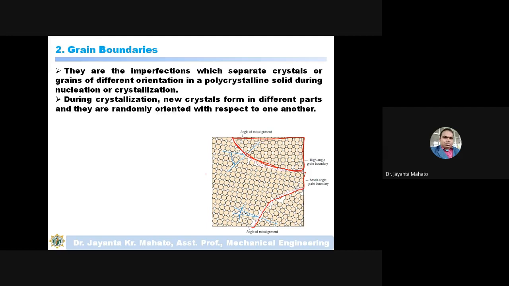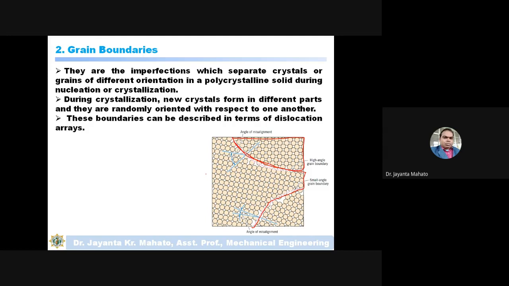So during crystallization, new crystals form in different parts, and they are randomly oriented with respect to one another. Okay, that I have told.